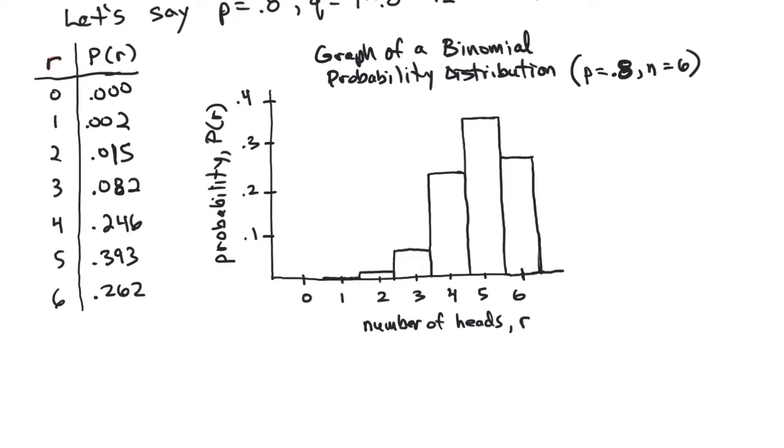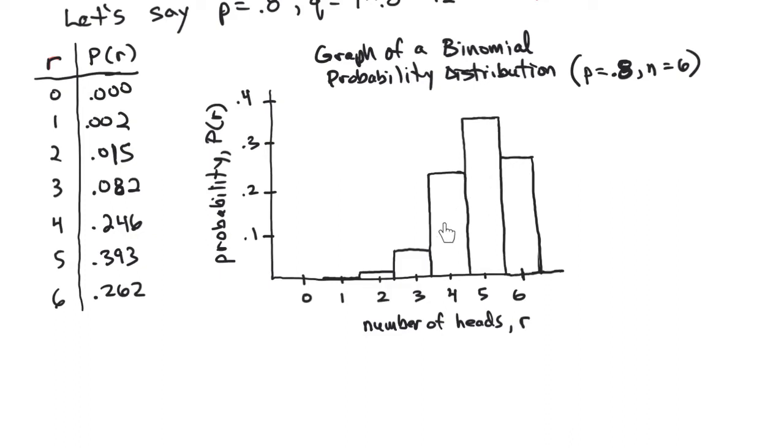So when you look at this graph and we talk about skew, you can see that this graph has a tail to the left, right? So this would be called skewed left. It's skewed left, which will always happen when you have a binomial distribution and p is above 0.5.